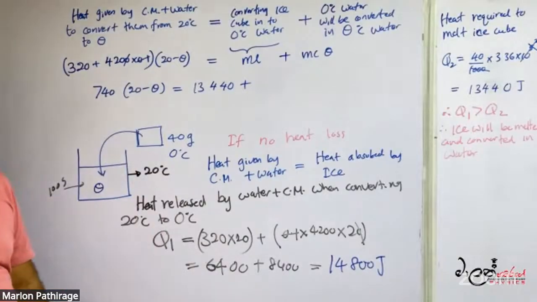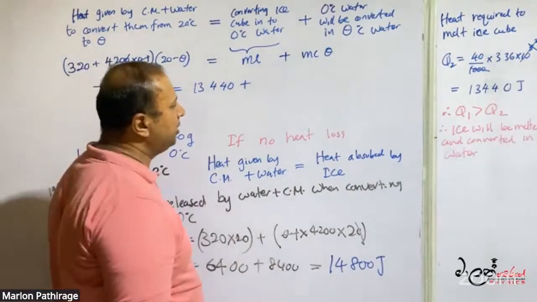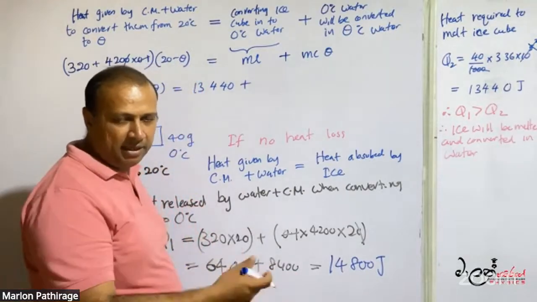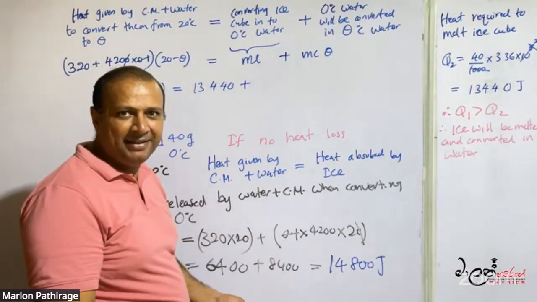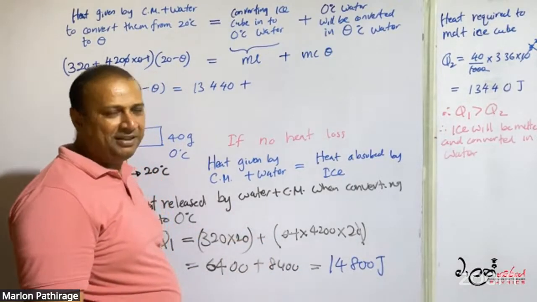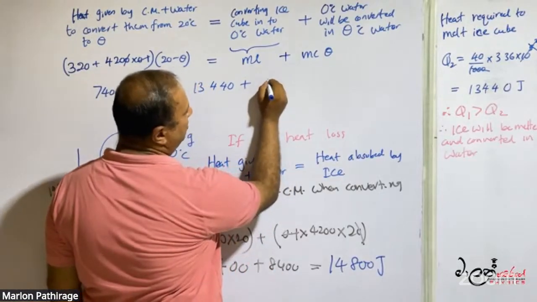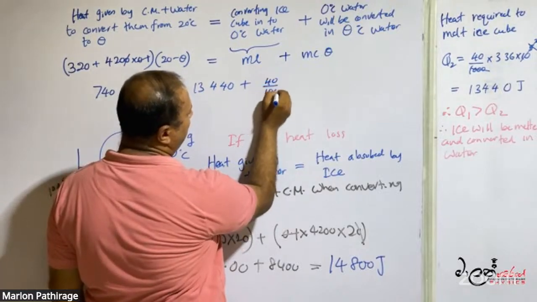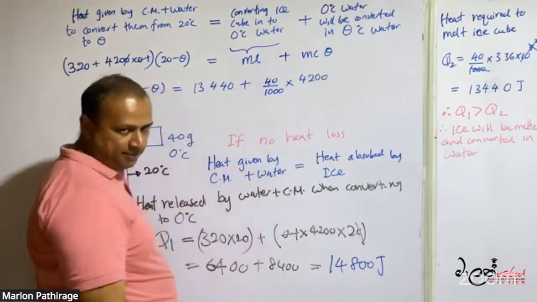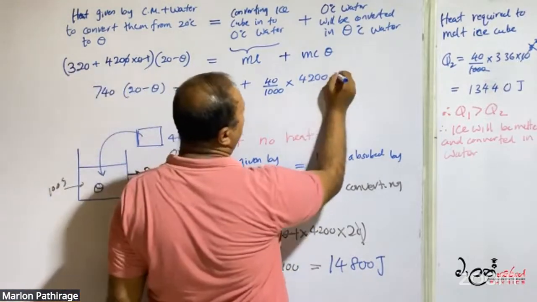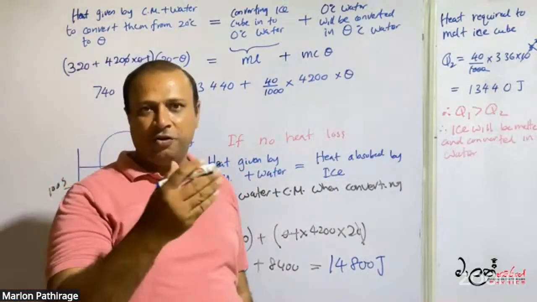After the ice melts, the mass of the ice does not change, and therefore m is 0.4. Now this is water, multiplied by θ. And 0 minus θ is θ.